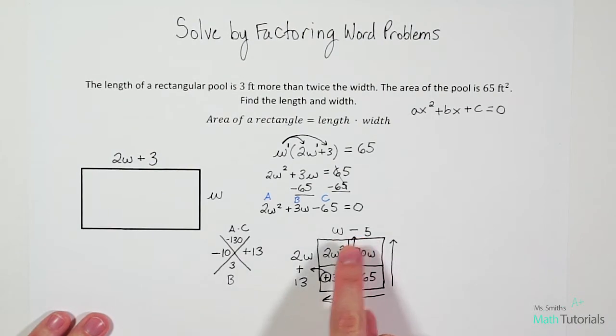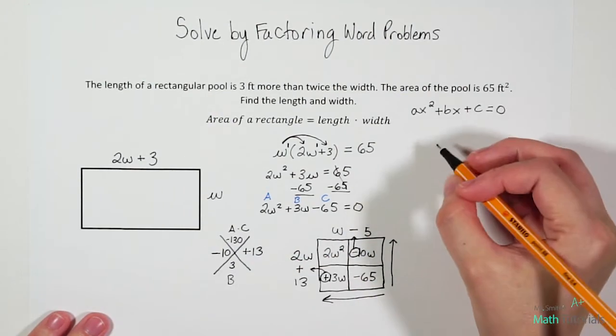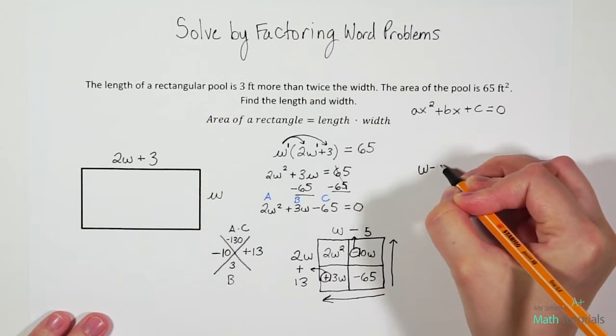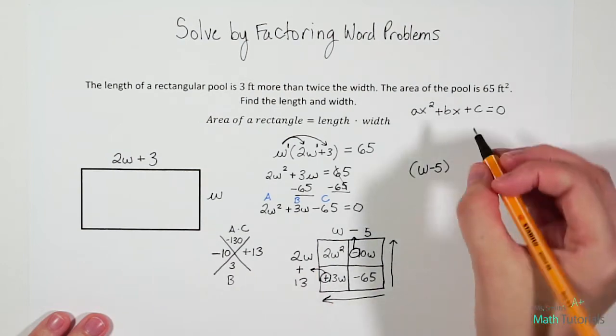So what I've created here with these two outside pieces are my two parenthesis sets. So my first parenthesis set is going to be w minus 5. And my second parenthesis set is 2w plus 13.